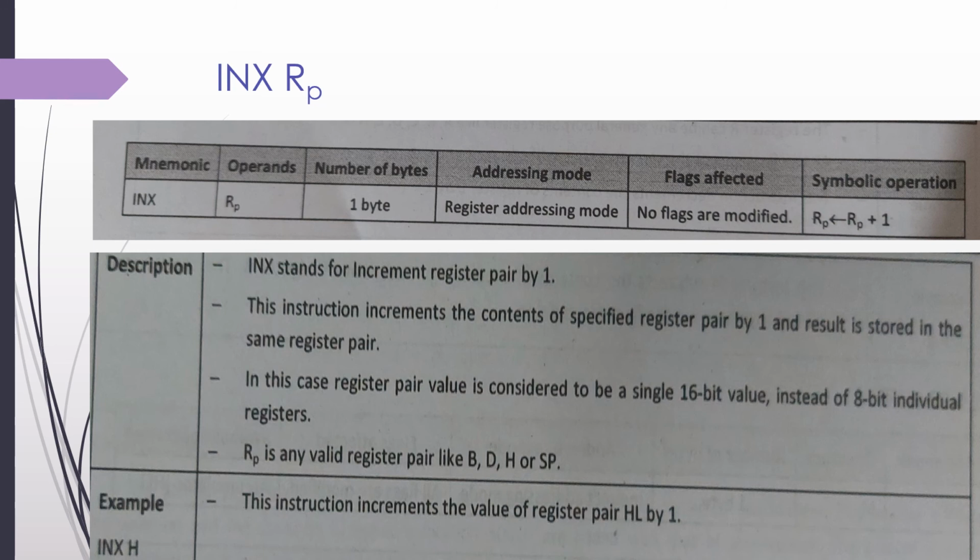As the operand is a pair of register, it is coming under the register addressing mode, and no flags are modified. You need to remember, in INX RP there is no flag which is affected, and it is a single byte instruction. Again, for an example, you can consider some pair of register, the data at that location, and whatever is there after execution you need to write.